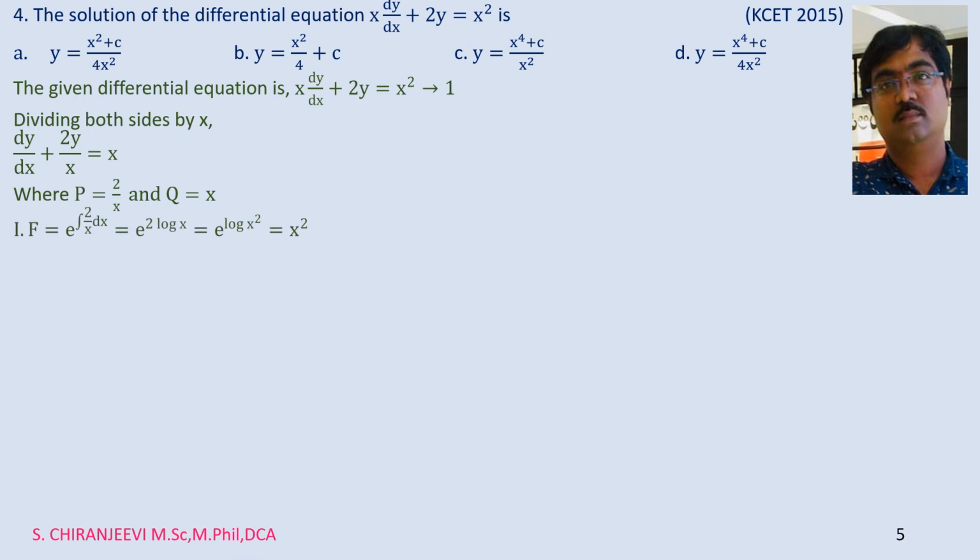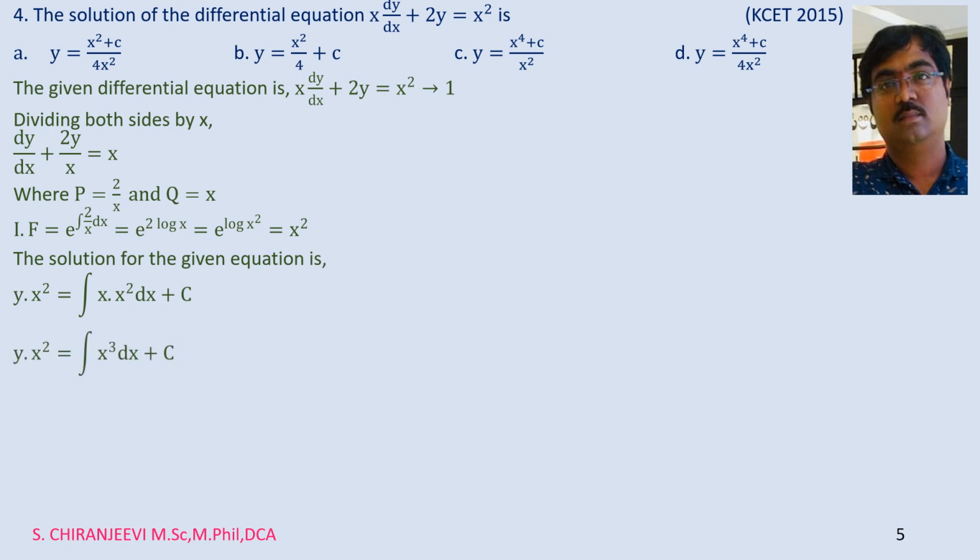So the integrating factor is e power integral 2 by x dx, equal to e power 2 log x, which can be taken as e power log x square. So e and log will go, so it will be x square. The solution for the given equation will be y into x square equal to integral of x into x square dx plus c.